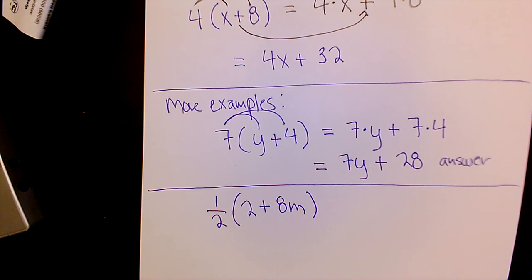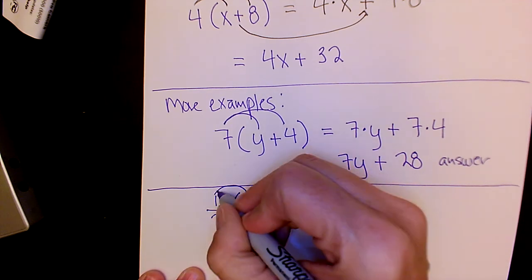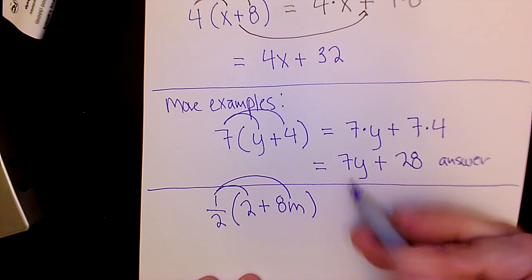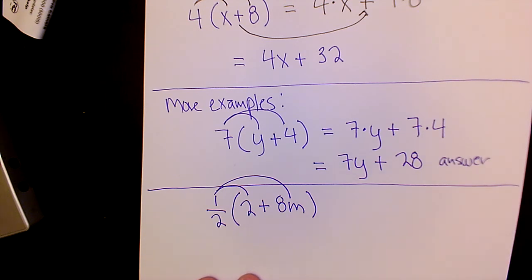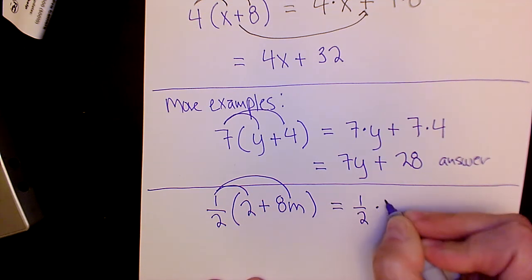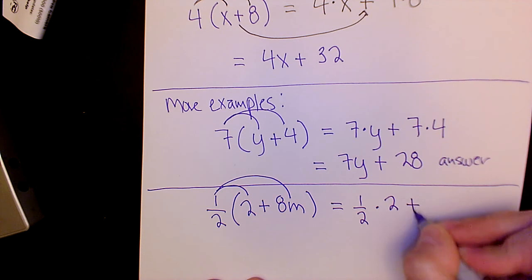This is just multiplying this out. So we're going to take the half and multiply it by the 2, and then multiply it by the 8m. So this is just 1/2 times 2, bring the plus over.